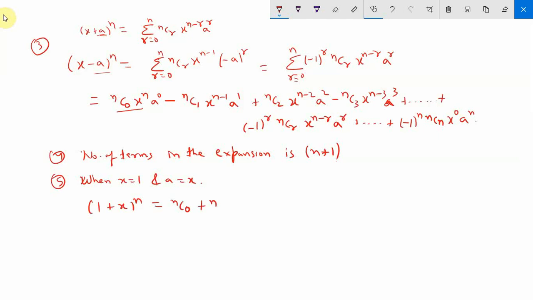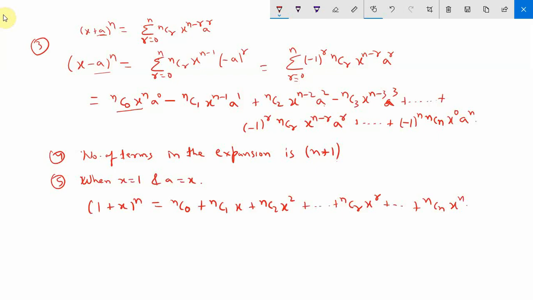So it will be nC1 x plus nC2 x square. Okay, when r equal to 2, power of 1 is n minus 2, so it will be 1 only, and in place of a it is x, so x to the power 2. Okay, for r it is nCr x to the power r, and the last term will be nCn x to the power n.